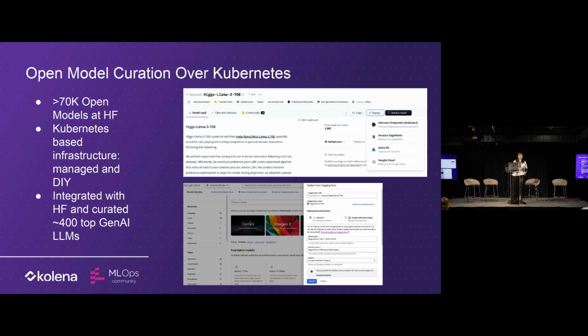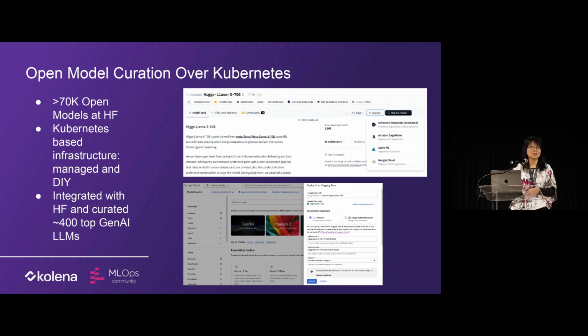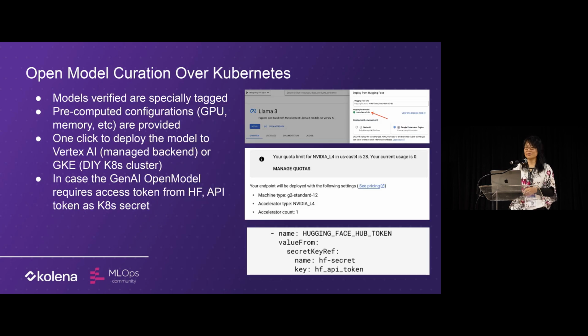You can deploy this open model to Vertex, which is a managed backend, or you can deploy it to your own GKE Kubernetes cluster. Imagine in Hugging Face, there are over 70,000 open models. This is definitely a big challenge if you want to figure out which should be working, which not, and what kind of compute configuration you're going to use.